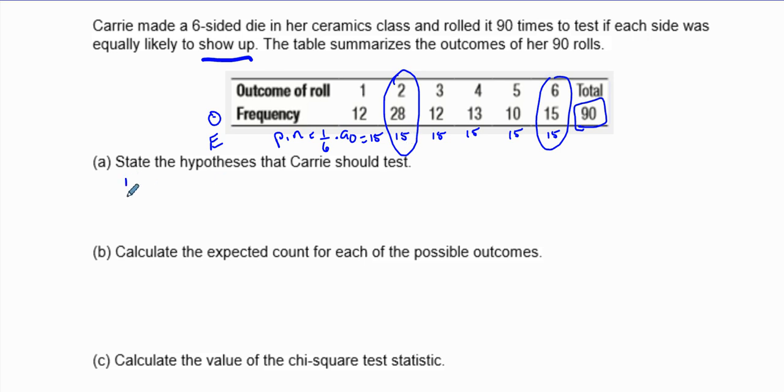Now we're going to first state our hypothesis. We're going to state the claim that the distribution of rolls will be proportional.